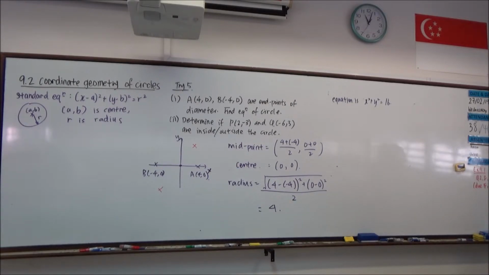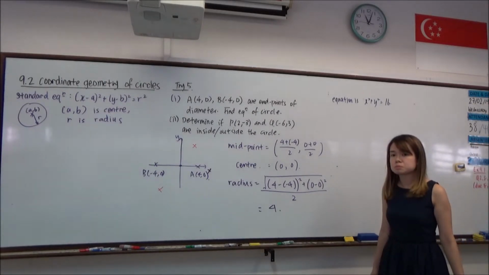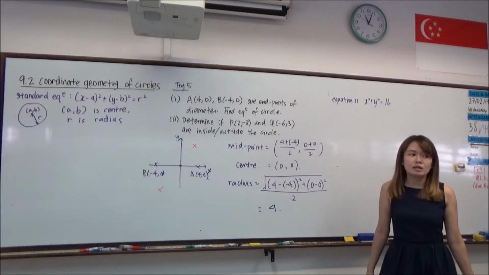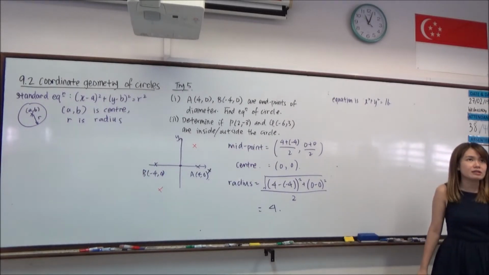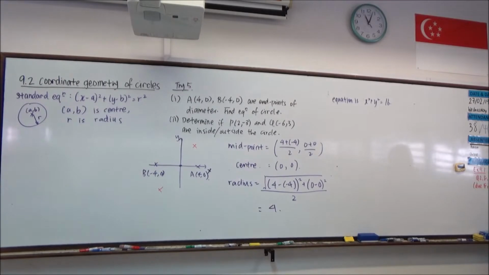Determine whether the points P and Q are inside or outside the circle. How do you want to justify this? You find the distance between P and the center. So we find the distance from the center to P and also the center to Q, then what?